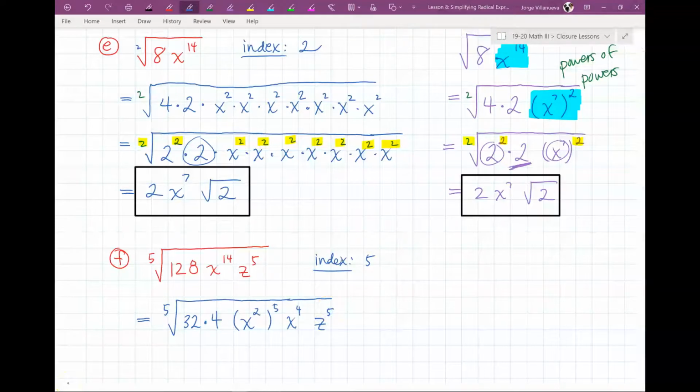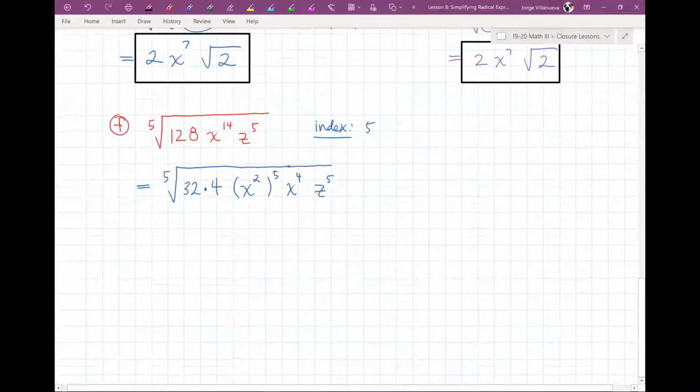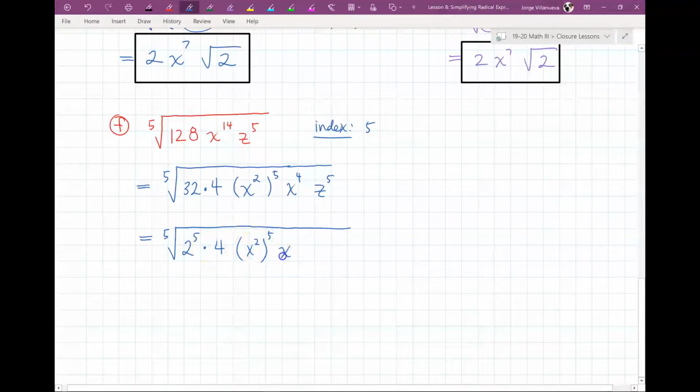So what I'm going to do is rewrite 32 as 2 to the 5th. So this is going to be 5th root 2 to the 5th times 4 x squared to the 5th x to the 4th z to the 5th.